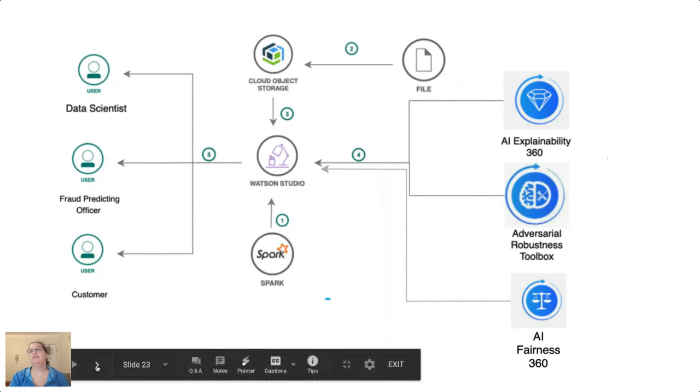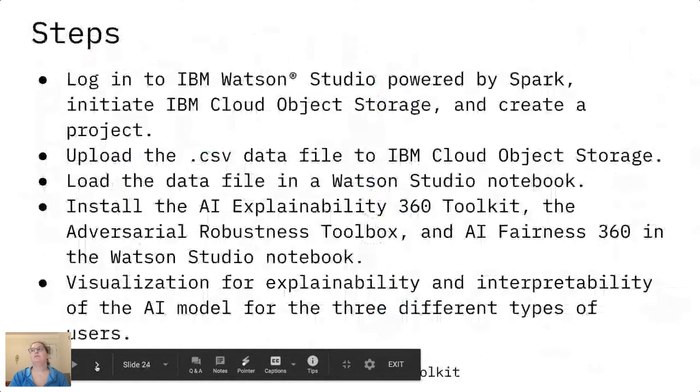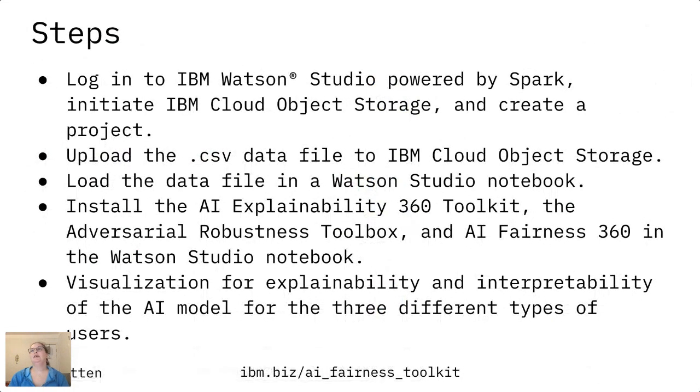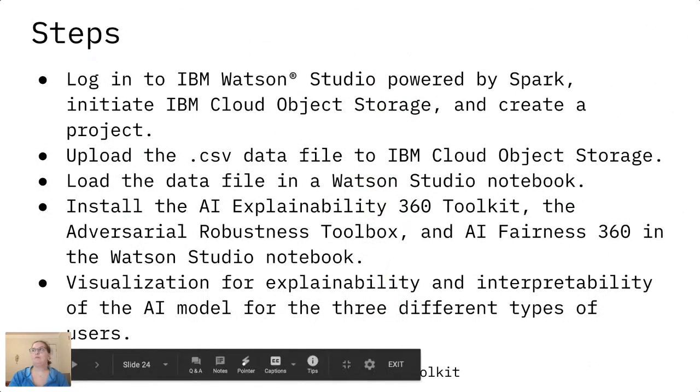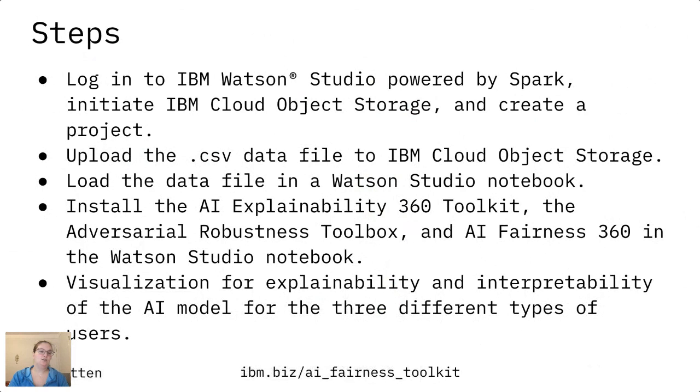Just an overview of the flow. So it's pretty simple steps. I'm going to walk through and show you all of them. But basically, in order to use any of these toolkits, you're going to log into your IBM Watson Studio account. If you don't already have an instance of object storage, you're going to create one, and you're going to create a new project. You're going to upload your CSV data file to the IBM Cloud Object Storage.